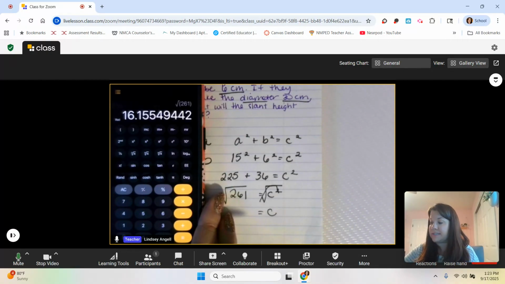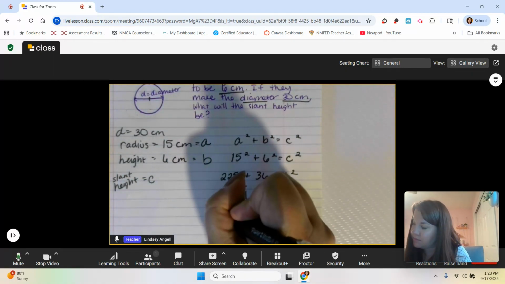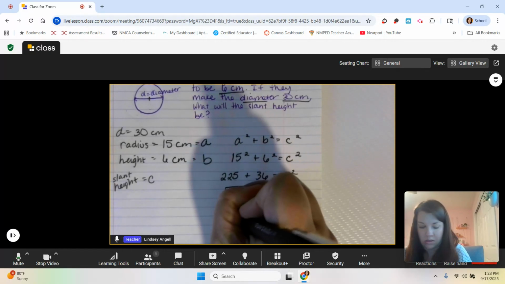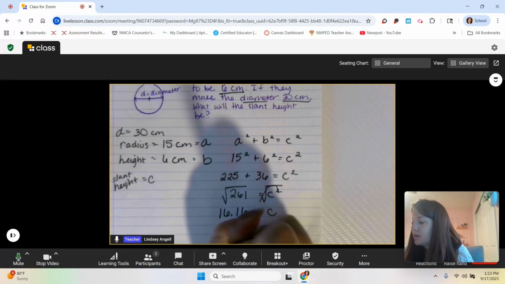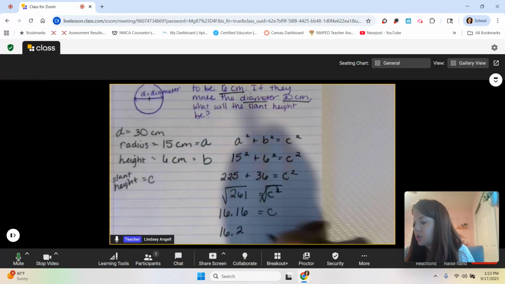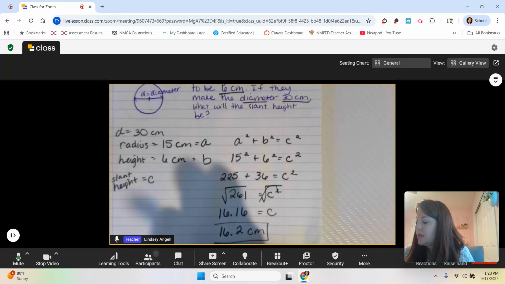Well, that gives us 16.1549 on forever and ever. Okay, so 16.15, or we could also say 16.2, and they were centimeters, so this should be in centimeters as well.